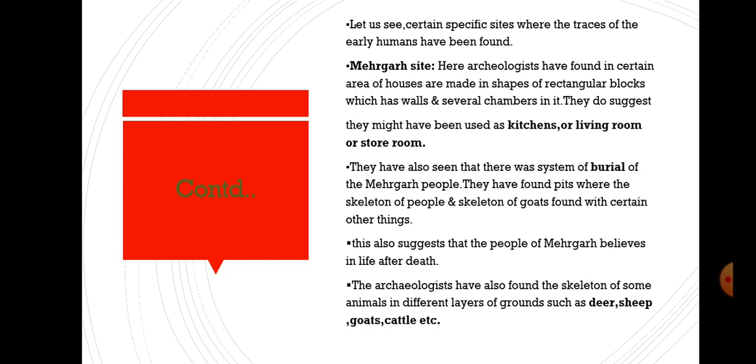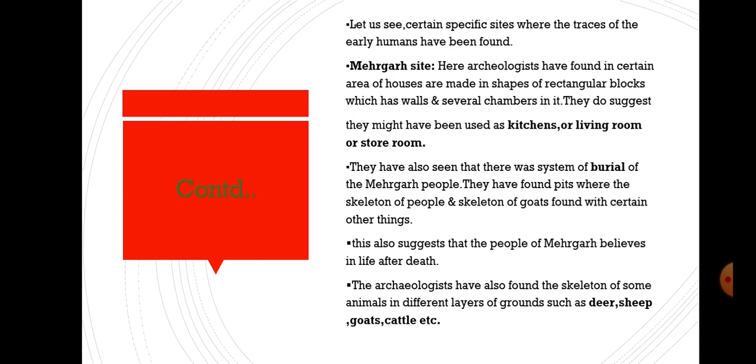At the Mehrgarh site, archaeologists have found in certain areas that the houses were made in the shape of rectangular blocks, which have walls and several chambers in them. The archaeologists suggest why they might have made rectangular blocks with walls and several chambers.